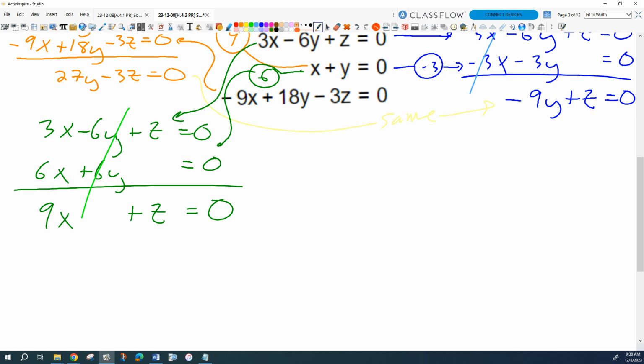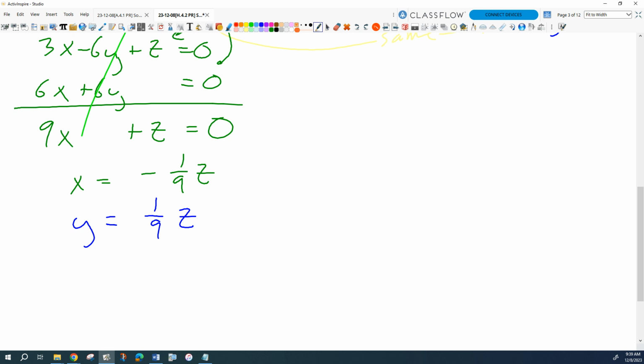That's okay. This is telling me that x is equal to negative 1/9 z, and y, if I use this equation, is equal to positive 1/9 z, and z could be anything.